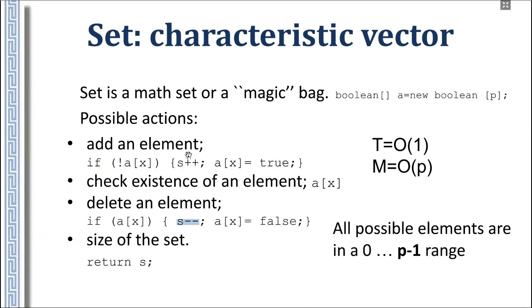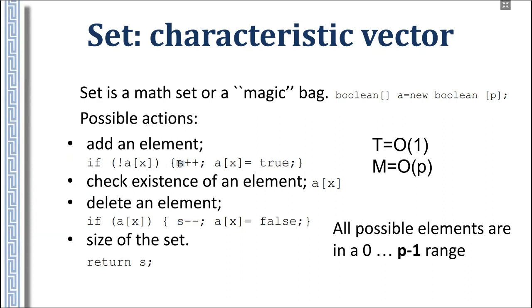Initially, for an empty set, S is 0 and all elements of this array are false. So we can decrease our time complexity for size, get it constant, but we pay for it with additional memory.